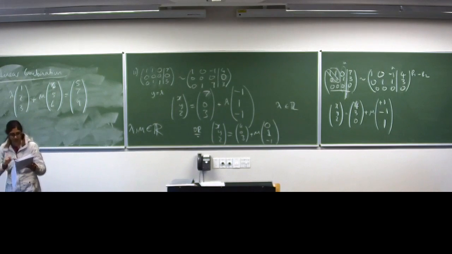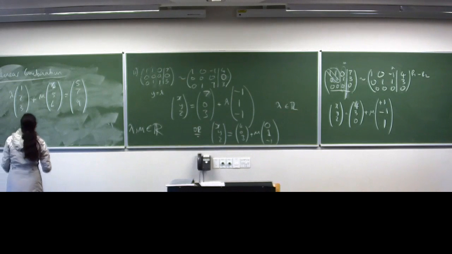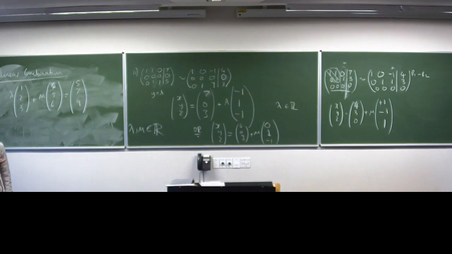So 13 and 14 are the wrong way around. Please just take notice. So if we look at 13 and 14, they're talking about linear combinations. And so for specific values of lambda and mu, you'd get a point. By inspection, can you determine what lambda and mu are? Just by inspection. 1 and 1, right?